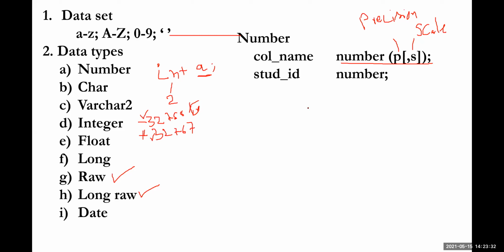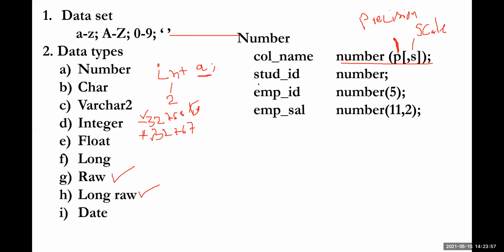But in SQL, it is not like that. If a precision value is taken, the number of bytes it occupies is the maximum value. Let me show you how this could be. There are 3 ways to define this number. First one is just student ID, whatever the column name might be.